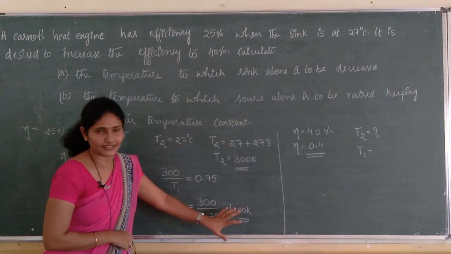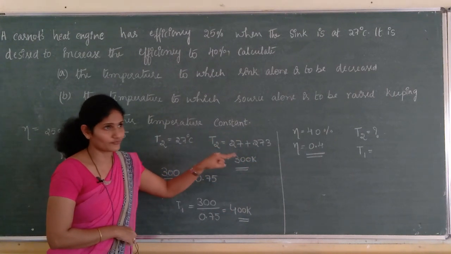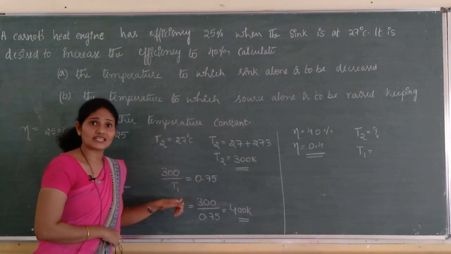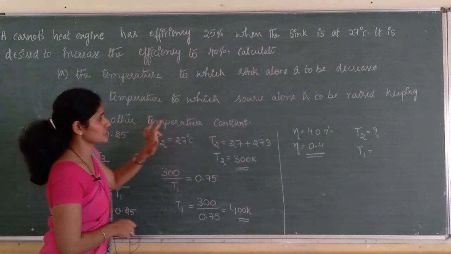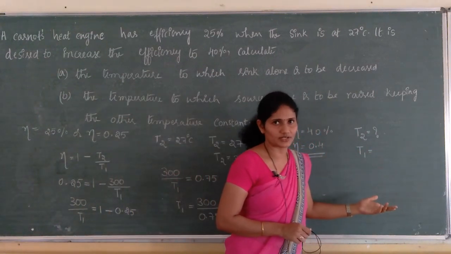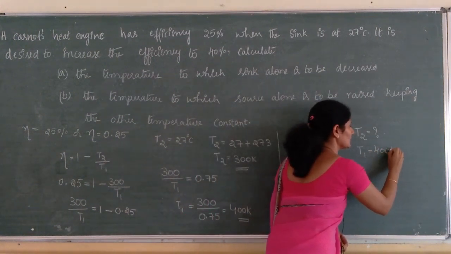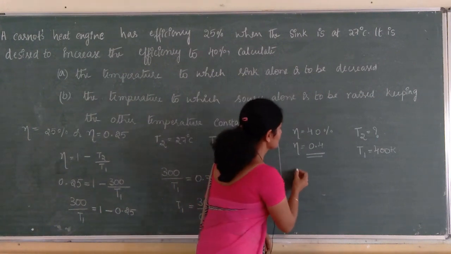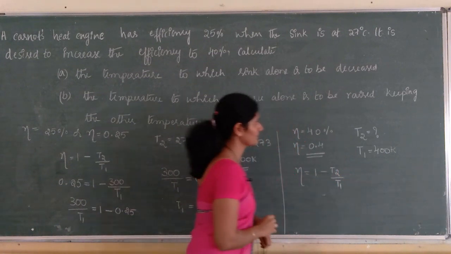Now, we are calculating the value of T2 when efficiency is 0.4, but the initial temperature of the source is fixed. It is already given in the question, keeping the other temperature constant. That is, while calculating T2, T1 is constant. So, T1 is equal to 400 Kelvin. So, eta is equal to 1 minus T2 by T1.